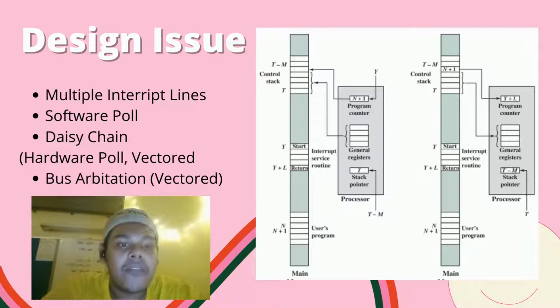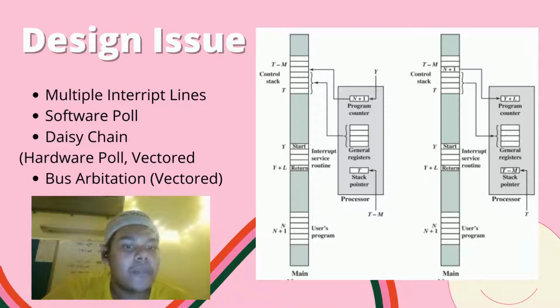There are four general categories in common use: first, multiple interrupt lines; second, software poll; third, daisy chain; and fourth, bus arbitration. Here you can see the diagram. On the left side, an interrupt occurs after the instruction at location N, and on the right side, return from interruption. So let's discuss this more.